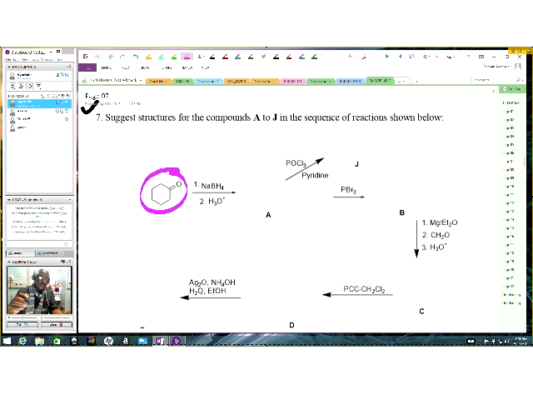Pick up the mic or send me your response through the chat window. Okay, ketone, excellent, very good. So you are given a ketone, and then also sodium borohydride followed by hydronium ion as a reagent to react with the ketone. What will sodium borohydride followed by hydronium ion do to a ketone?